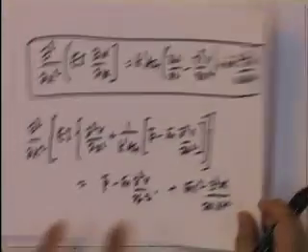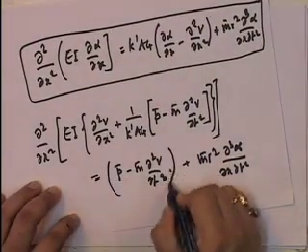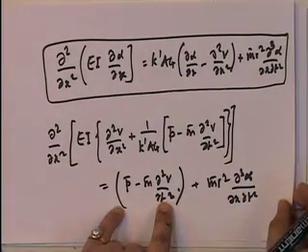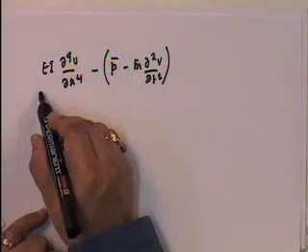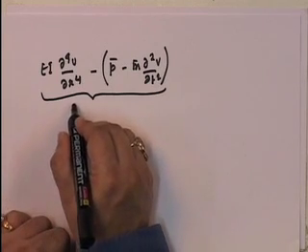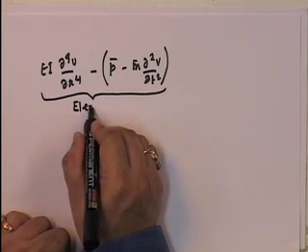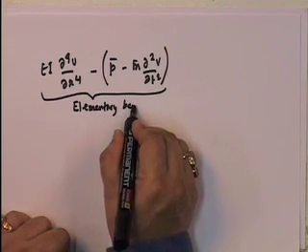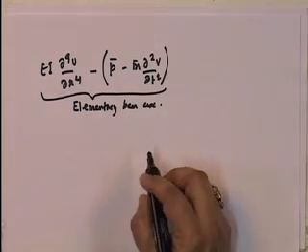That comes from this part, which becomes just this, so this part is what I put on the other side. If you look at this part, it is the elementary beam case.